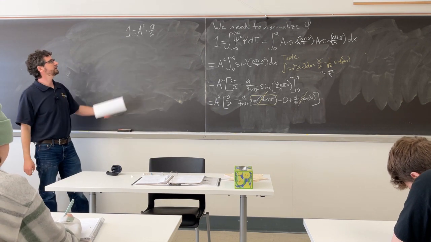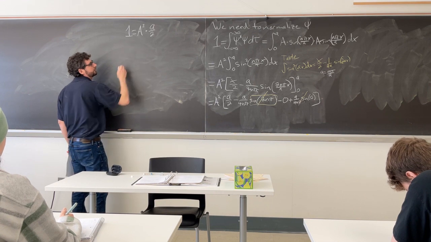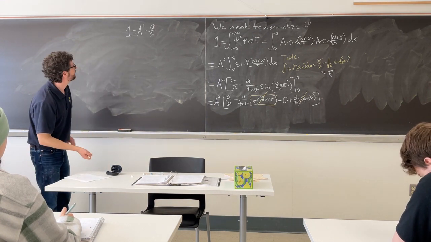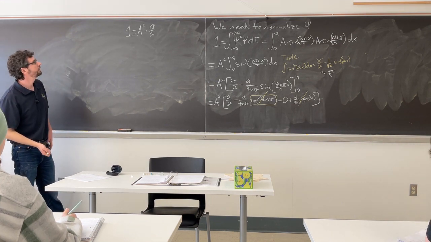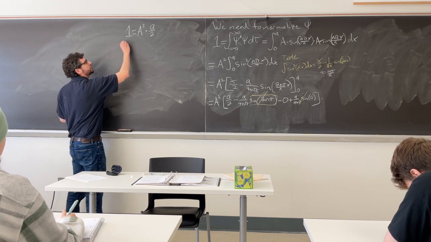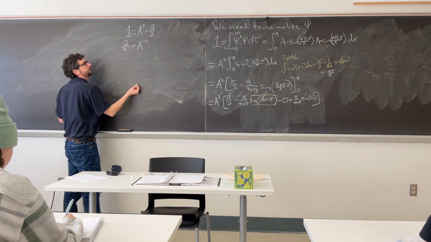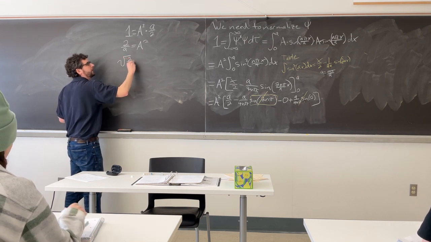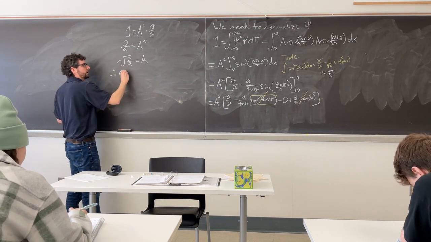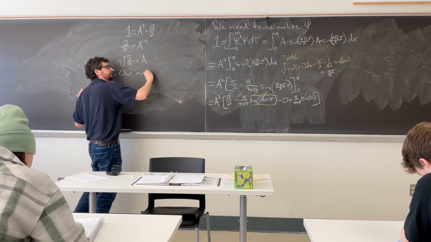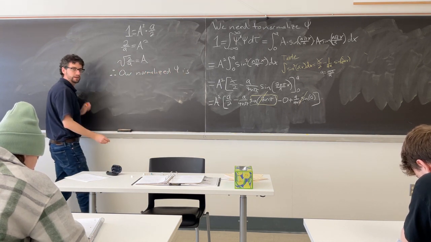Okay, what was the whole point of what we were doing here? Yeah, find A. Let's manipulate this around. How are you going to do that? Yep, move the fraction over, so we get 2 over A is equal to A squared. What now? Yep. Therefore, our normalized wave function, what would it be?